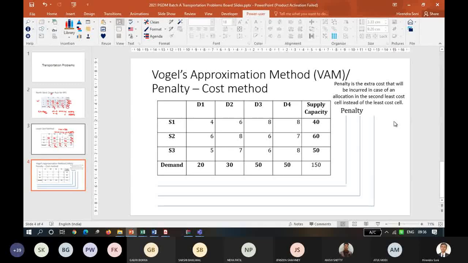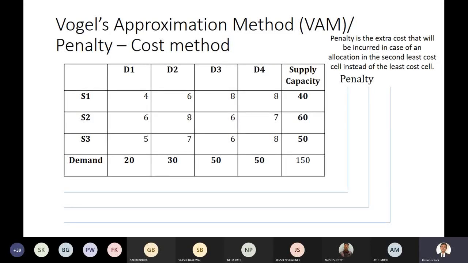So now let's try and put it to use. First row, what would be the penalty? This is my least cost cell. This is my second least cost cell, correct? 4 and then 6. If I am not able to make an allocation in this cell, I'll be forced to make an allocation here.